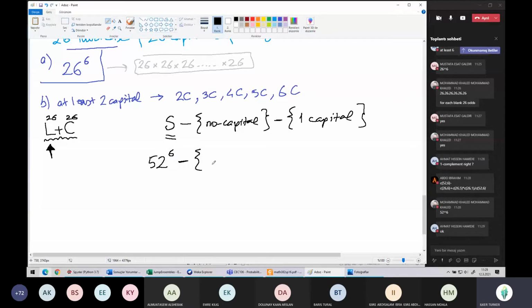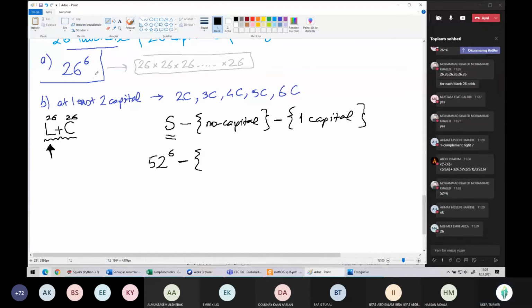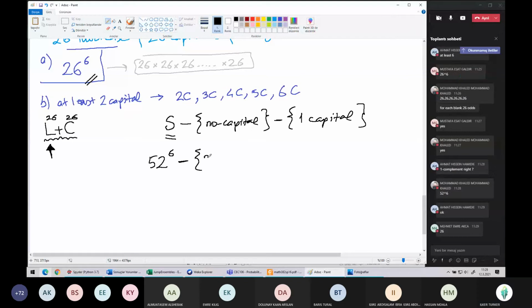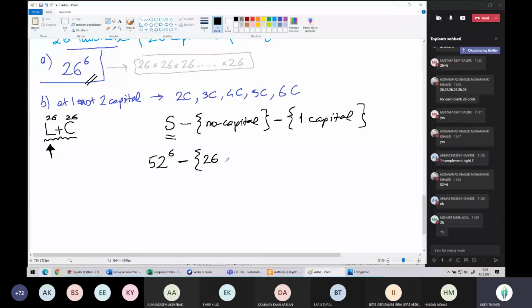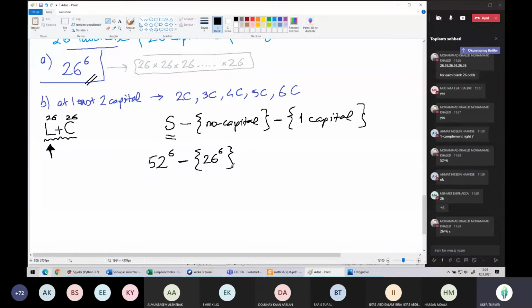In how many ways can you generate a 6-character password with only lowercase? It is given here: 26 power 6. Yes, this is only lowercase. Minus 1 capital means 1 capital plus 5 lowercase, right?